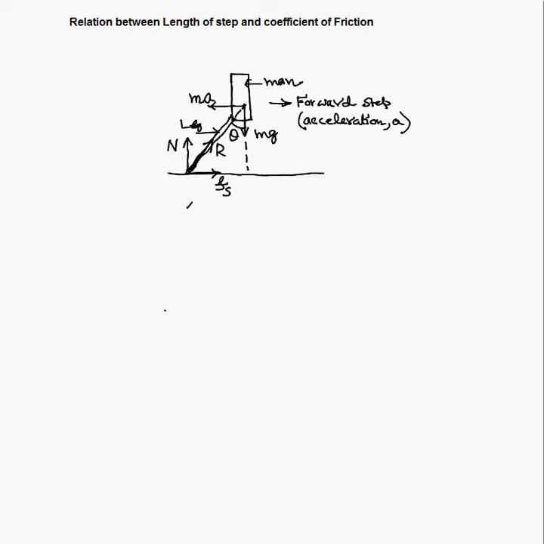As Fs by N is equal to tan theta, or Fs is equal to N tan theta, so Fs being less than or equal to mu N, we get tan theta is less than or equal to mu.